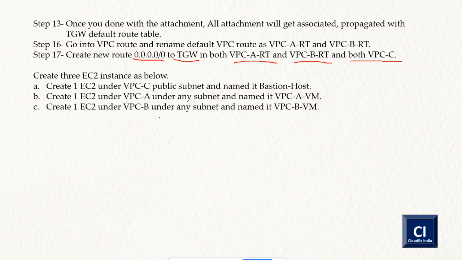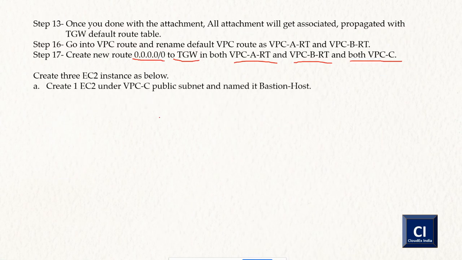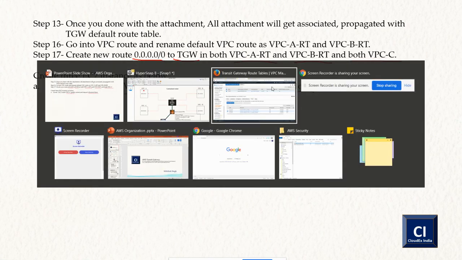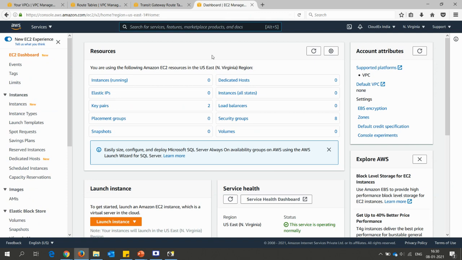Okay, so the next part is I have to create three virtual machines to complete this demonstration, to establish the connections for ping or remote desktop connection. First create a virtual machine under VPC C in the public subnet and assign the name Bastion host. So I'm going to create a virtual machine. Click here and launch new instance.